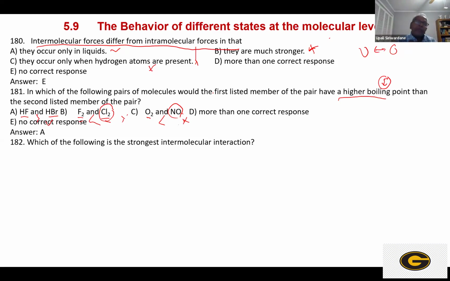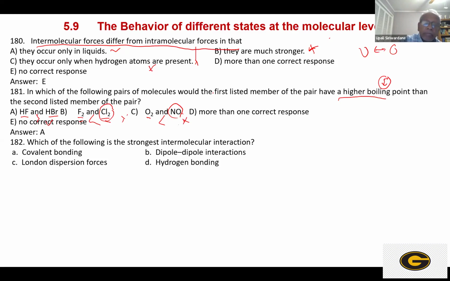Which of the following is the strongest intermolecular interaction? You are asking intermolecular. This is intramolecular. Covalent bonding is within a molecule. That's like a water molecule, has OH bonds.